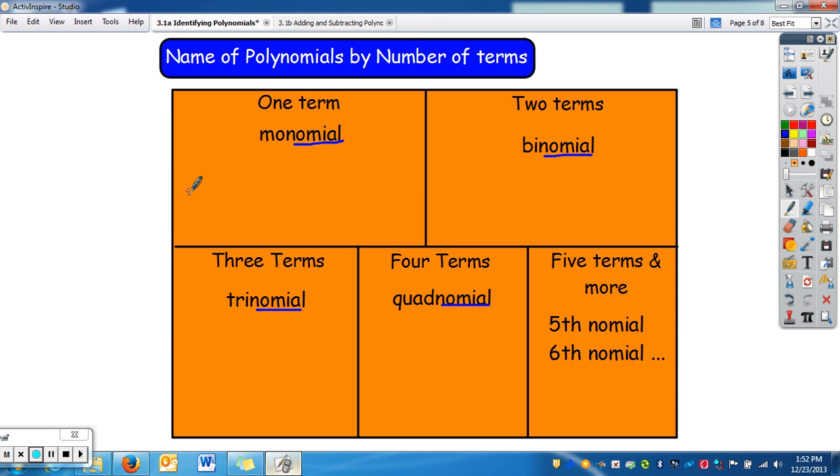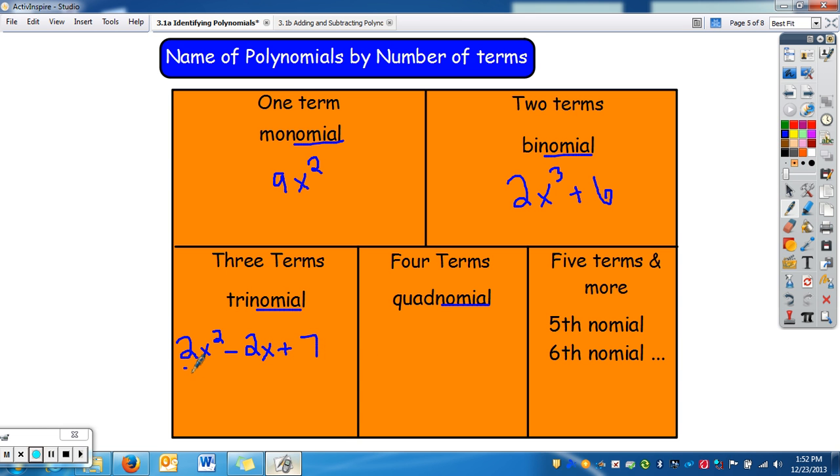And so forth. So if it has one term, that could be like 9x squared. There's only one term. A binomial could be like 2x cubed plus 6. There's 2 there. 3 would be like 2x squared minus 2x plus 7.